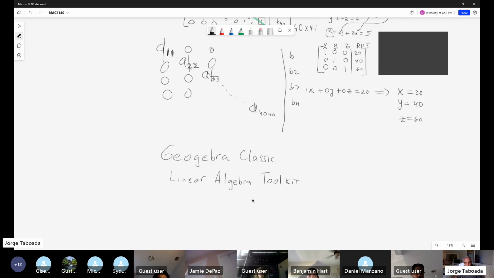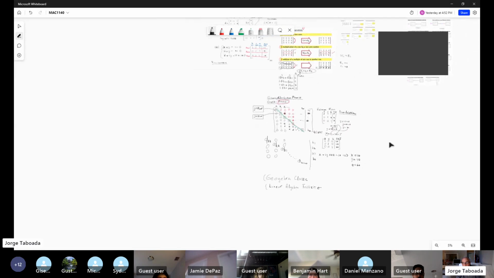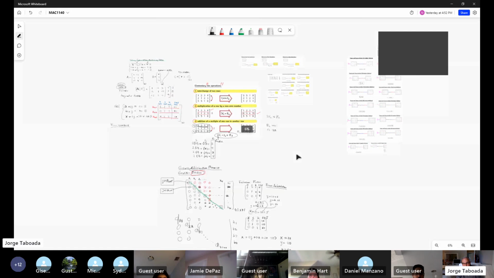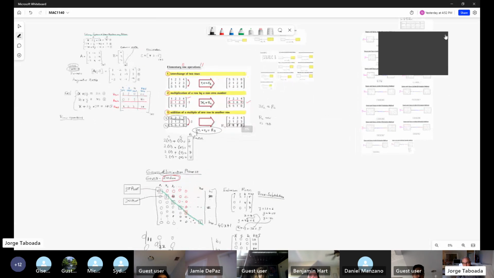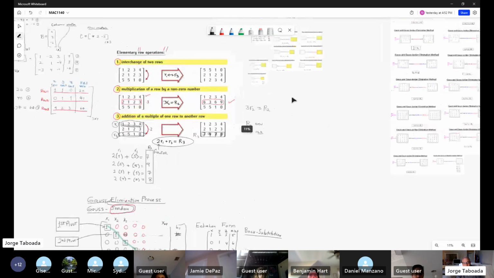I suppose that throughout the lecture, I want to illustrate both GeoGebra and the linear algebra toolkit. First, this is what I want to show you, but I'm going to do it fast. I prepared one example for you, actually two examples, but one is too long. I want to focus on this.